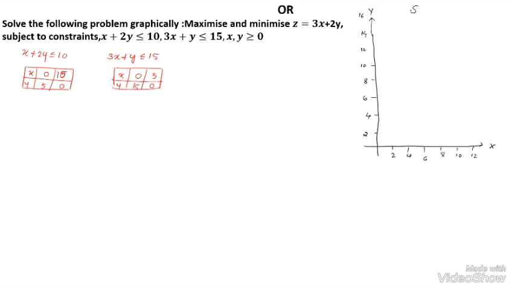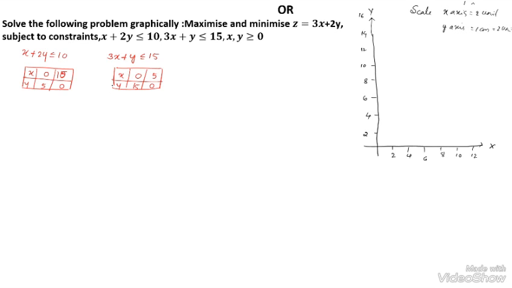The scale: on the x-axis and y-axis, 1 centimeter is equal to 2 units. Both are taking 2 units, 1 centimeter equals 2 units.